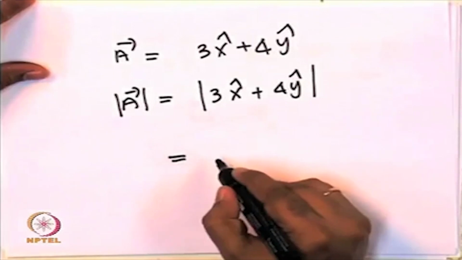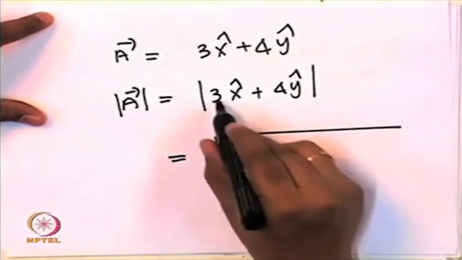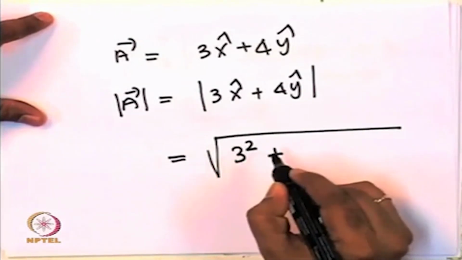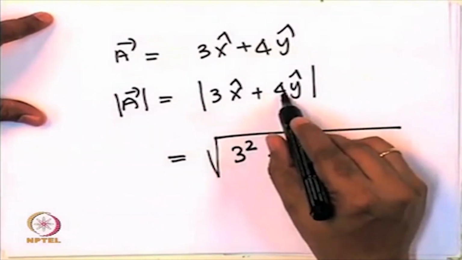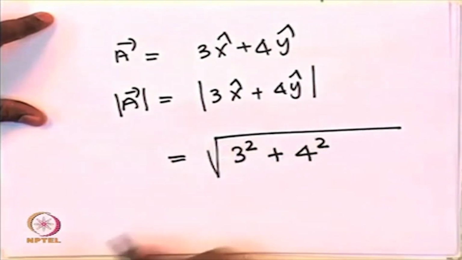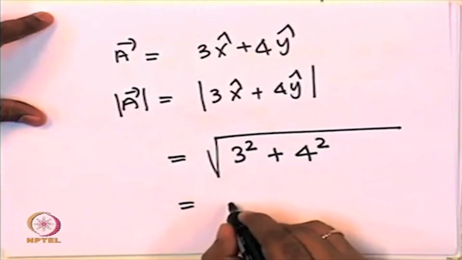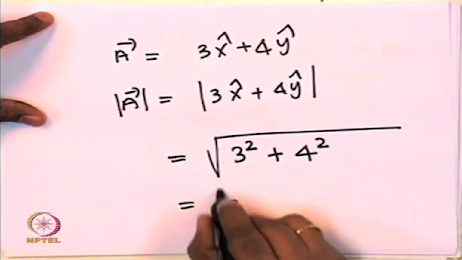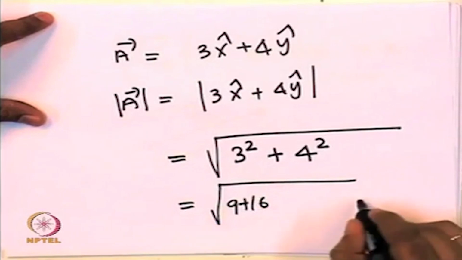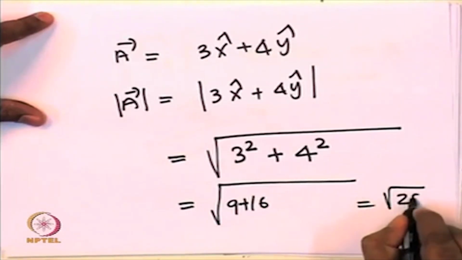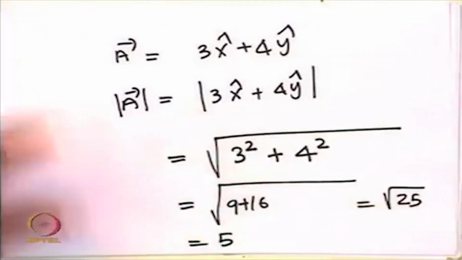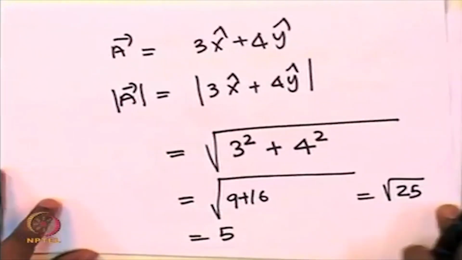This is calculated as the root of: take the coefficient of x, square it, plus take the coefficient of y, square it. So, this is the mod A. 3 squared is 9, 4 squared is 16, so this is root 25. So, this is 5. 5 is the magnitude of this vector A. That is what it means.